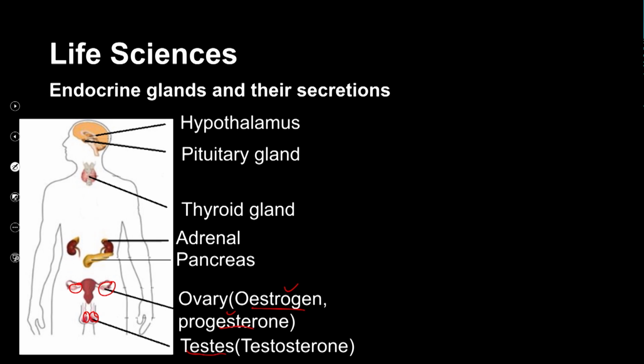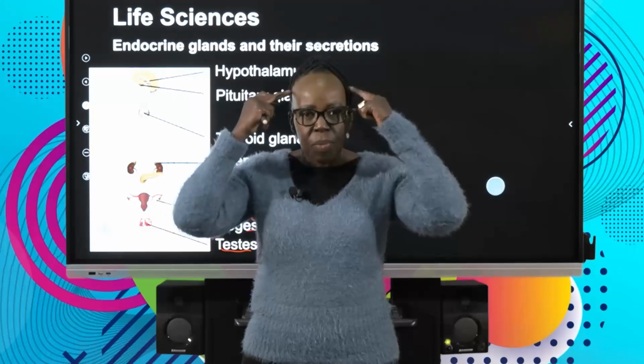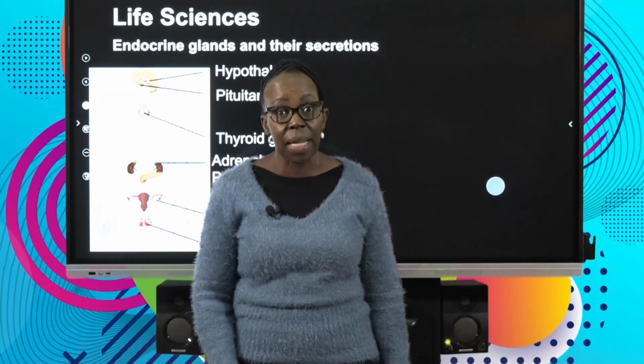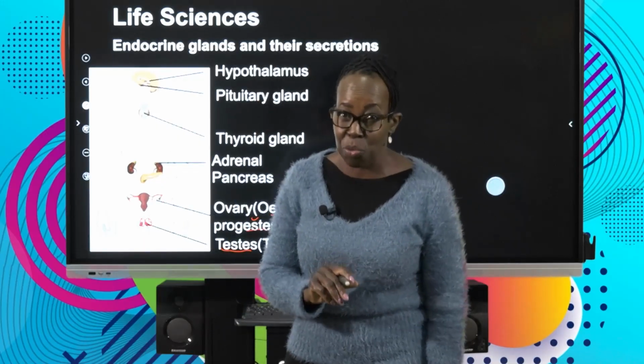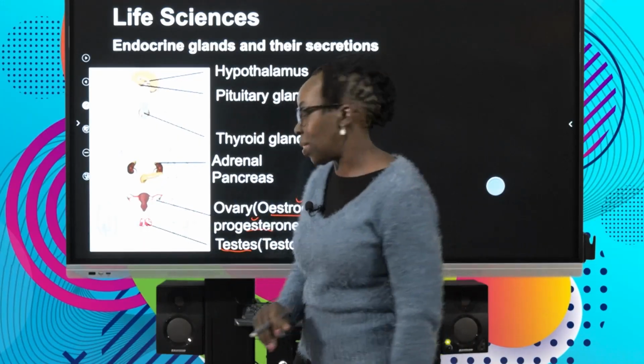The testes are the endocrine glands that secrete testosterone. Now, we have discussed all the types of hormones from the top to the bottom and the types of hormones that are secreted. Let's now go further to study more on this.